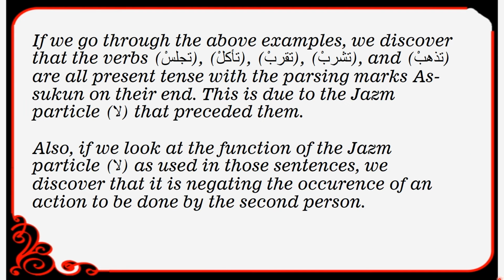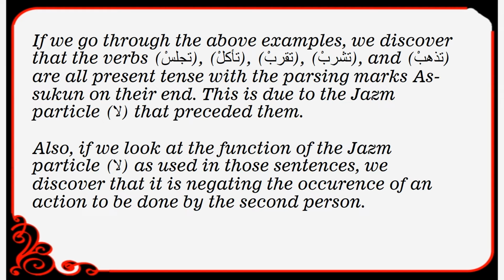If we go through the above examples, we discover that the verbs تجلس, تأكل, تقرب, تشرب, and تذهب are all present tense with the parsing marks as sukun on their end. This is due to the jazm particle la that preceded them.